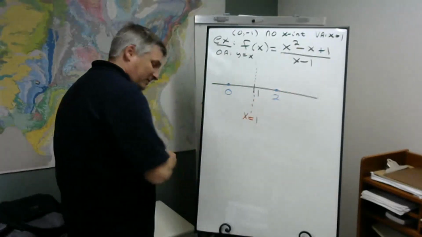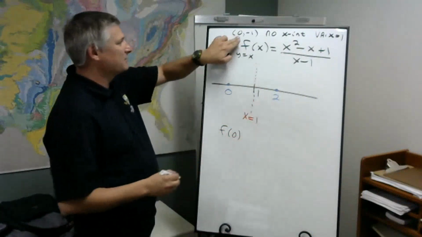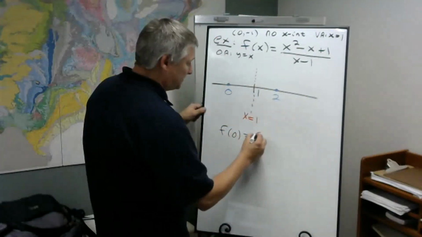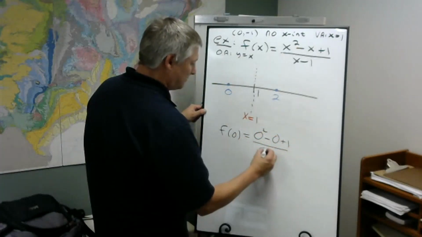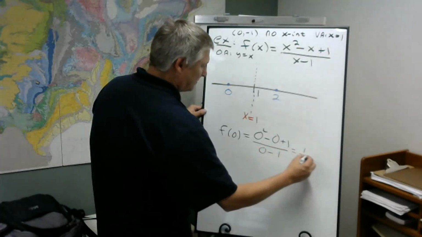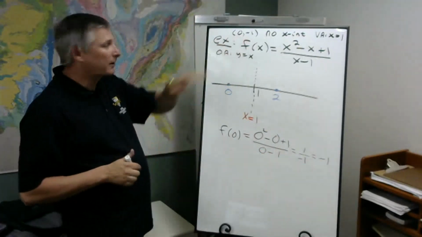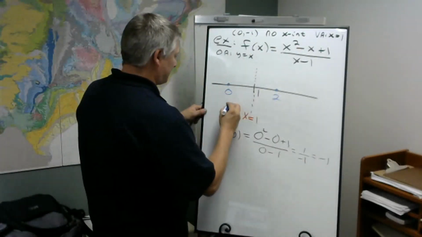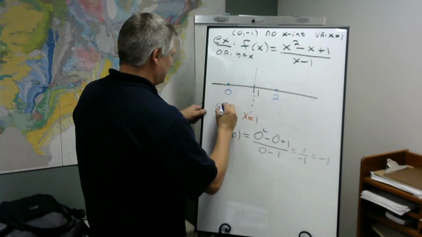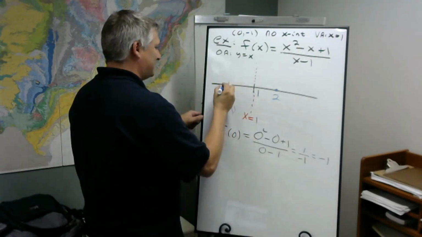Well, f of 0, we actually already know that one. f of 0, that was our y-intercept, and that came out to be, well, I'll go through the steps again. Well, that came out to minus 1, as we saw before. So that says we have a point 0, minus 1. Here, I'll make this little hash mark instead.